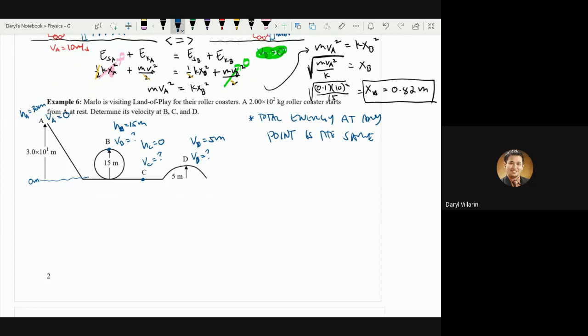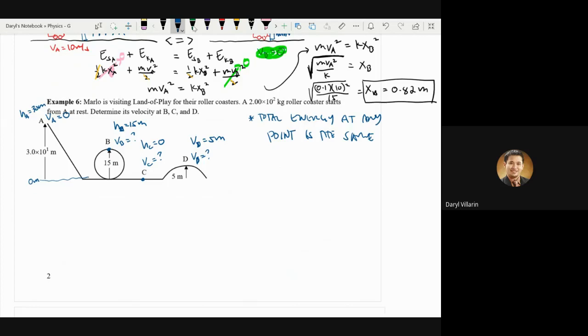The sum of the potential at A and the kinetic at A is the same as the sum of the potential at B plus the kinetic at B, as well as the kinetic plus the potential at C, and so on and so forth. So total energy at any point would be the same. There could be some difference in the velocity, because at A it's quite obvious that it's zero.